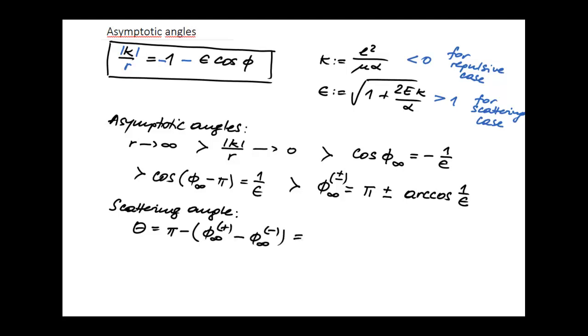We can insert our result for the two asymptotic angles and find that this is pi minus 2 times the arc cosine of 1 over epsilon. Or in other words, we can say theta over 2 is pi over 2 minus the arc cosine of 1 over epsilon.